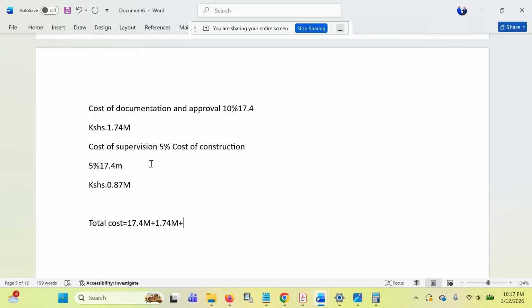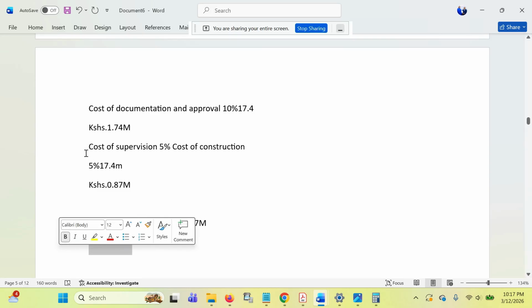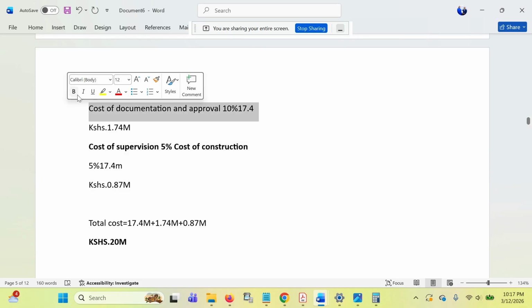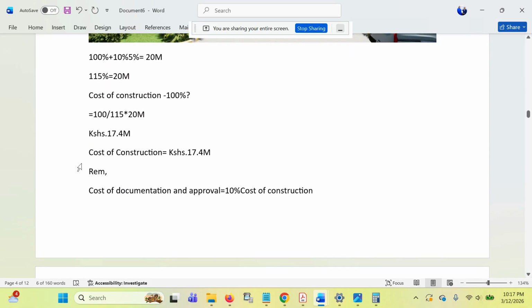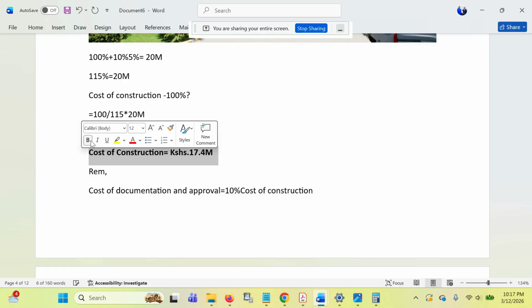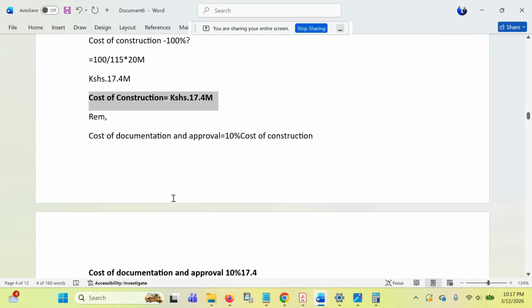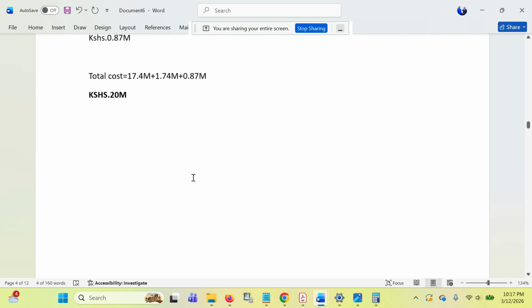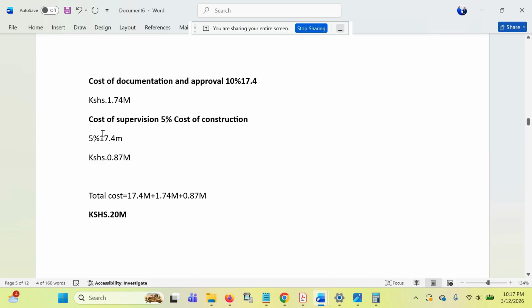So that takes us to total cost. Total cost is therefore 17.4 million plus 1.74 million, which is for documentation, and 0.87 million. That gives us our 20 million.